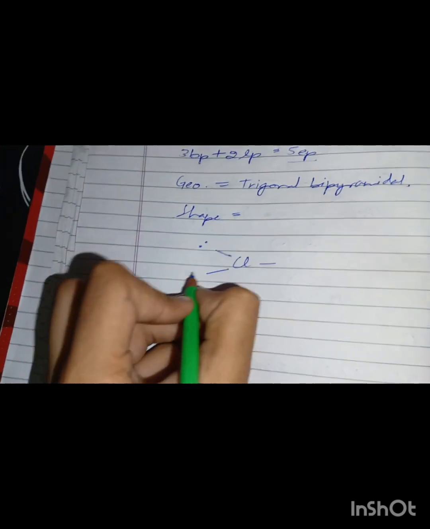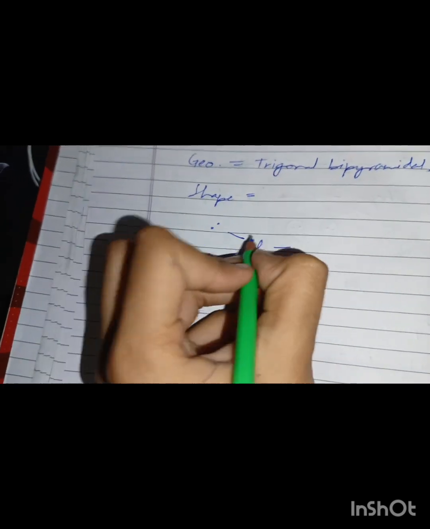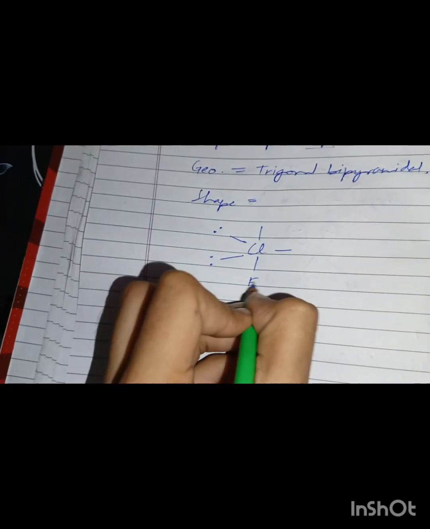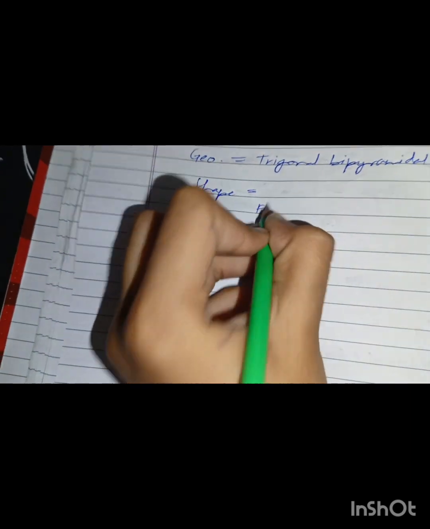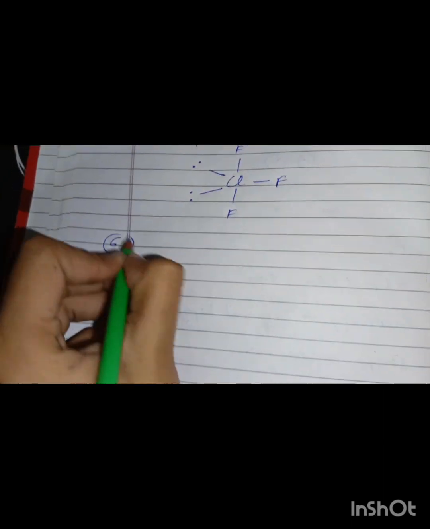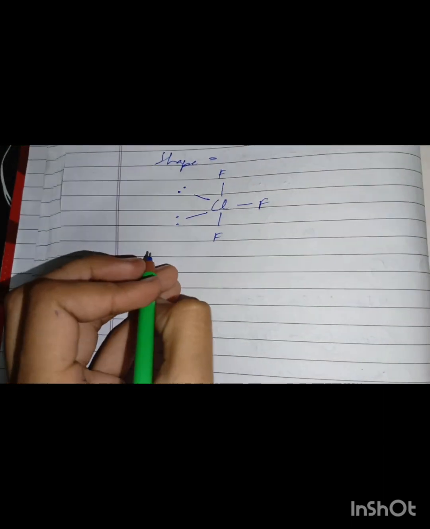So we will place the 2 lone pairs here, and the other atoms will be placed like this. So this will be its shape. I hope it's clear. Now let's take the next example.